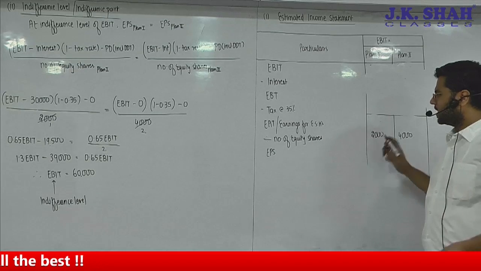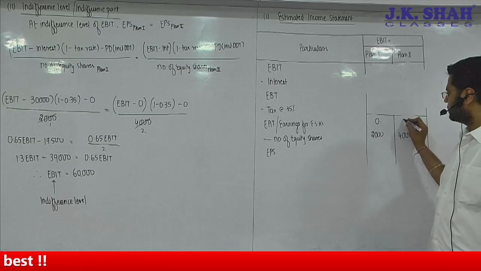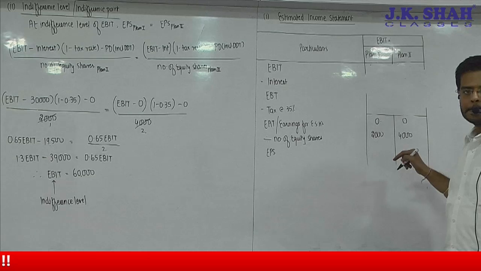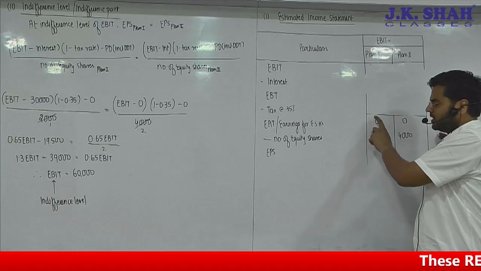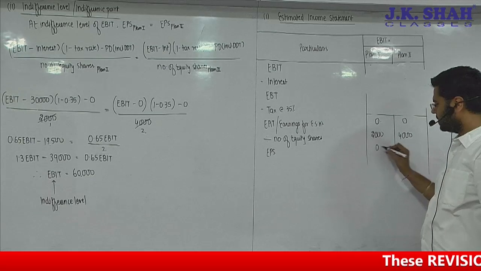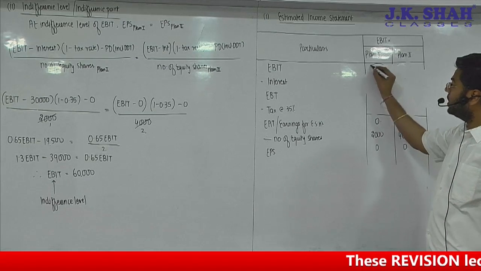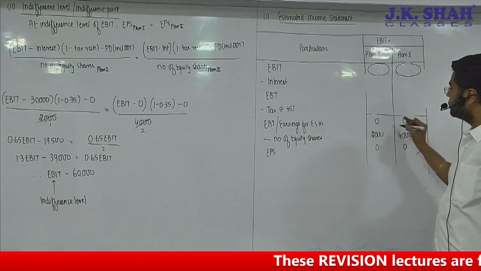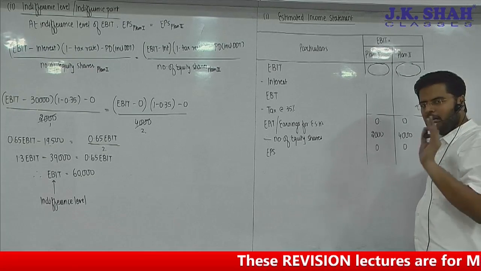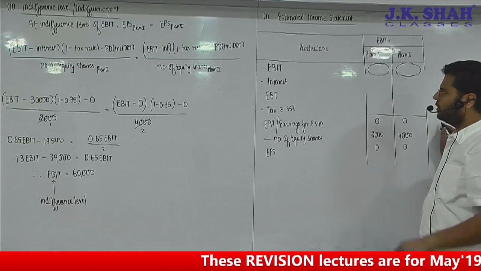So my objective is to get earnings as 0. When you divide 0 by something, your EPS has to be 0. So at what level of EBIT should I break even? Minimum इतना कमाना पड़ेगा.